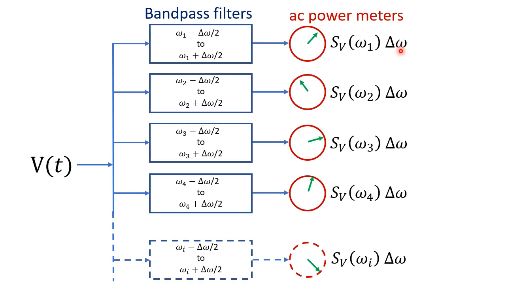So the way to interpret it is that my S_V omega d omega is basically the amount of power in the signal within the limit omega to omega plus delta omega. So within that limit, you have the following interpretation of the spectral density function.